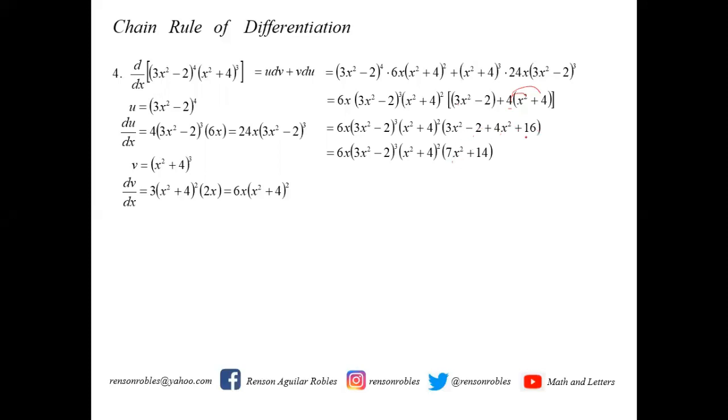Negative 2 plus 16 is 14. And then you can factor out 7 here. And then you multiply it to 6x. So finally, you shall have 42x times the quantity 3x squared minus 2 to the third power times x squared plus 4 to the second power times the quantity x squared plus 2.